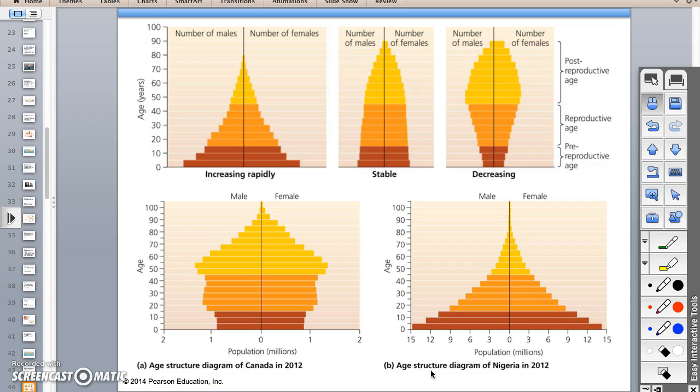You don't say it has flat sides. You say that there is a relatively even number of individuals in each age cohort. See the difference? And then decreasing, you have a lower number of individuals in the pre-reproductive age cohorts. They're also called age classes.